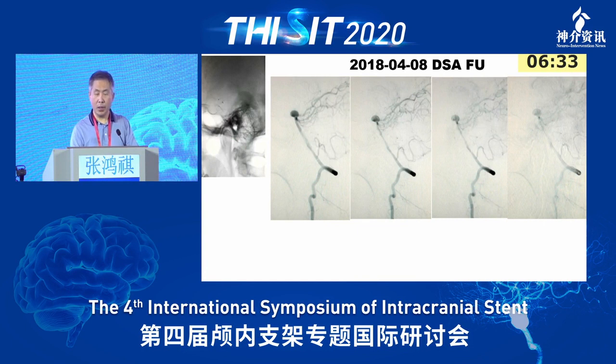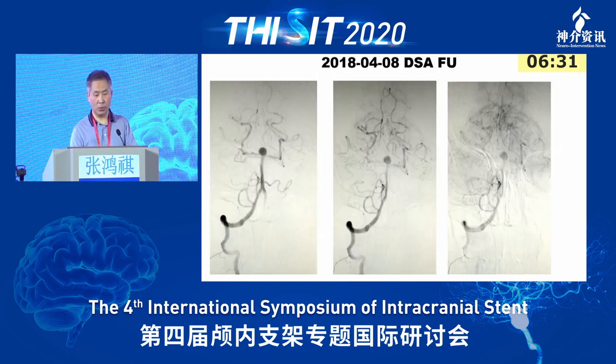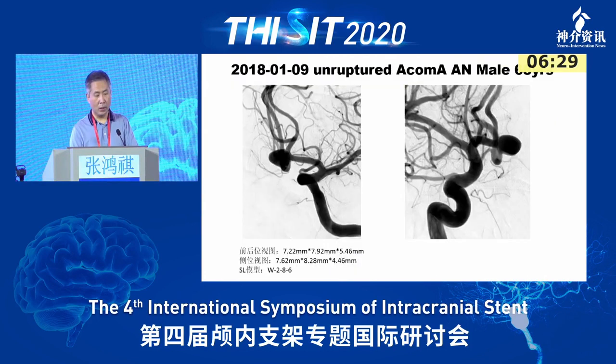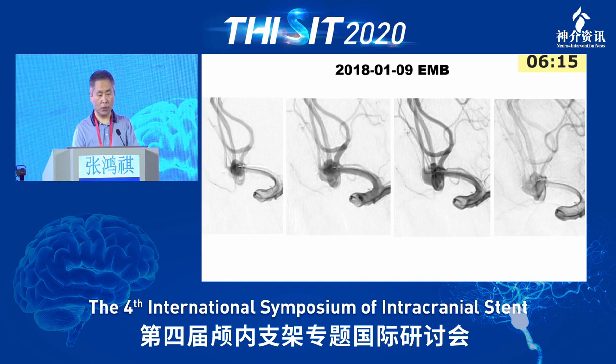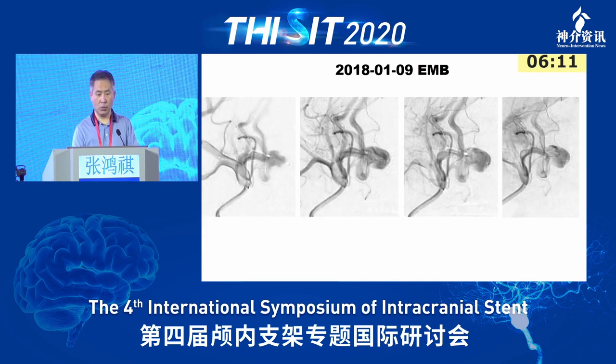In a 6-month follow-up, we can see some flow in the surrounding area. This is the 1 year follow-up. Even though it is an unruptured aneurysm and the aneurysm does not grow, we can still see some blood going into the aneurysm. This is the anterior aneurysm.